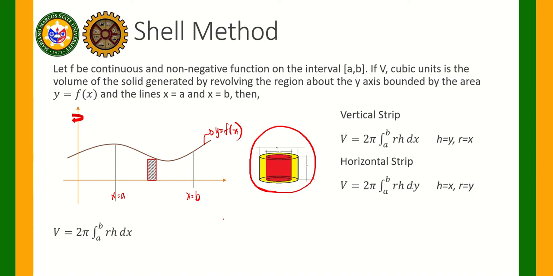So, take note, yung r natin is the distance of the strip. So, ito siya, distance of the strip to the axis of rotation. So, ito ngayon si r. And this is our h, which is the height of the strip. Okay? So, take note of those variables.